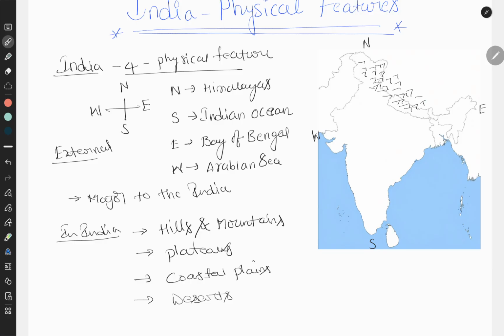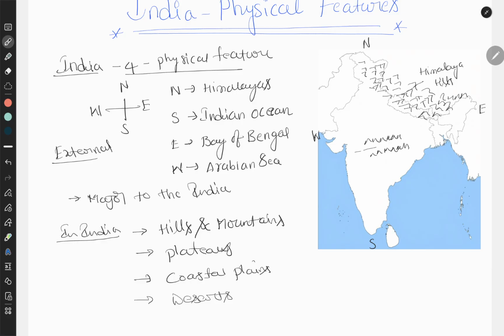Then we have plains, hills, and the Vindhya Satpura ranges.